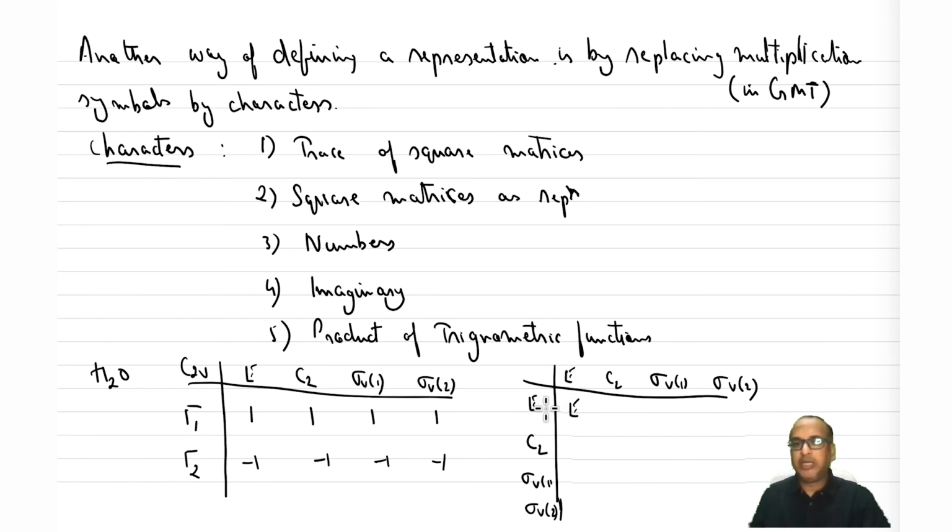But if I do -1 into -1, what I get here is +1. So that means now it is not following the GMT table. The products are not giving me the correct representations if I choose -1 as the character for all 4. So that means this does not form a representation under this C2V point group, right?